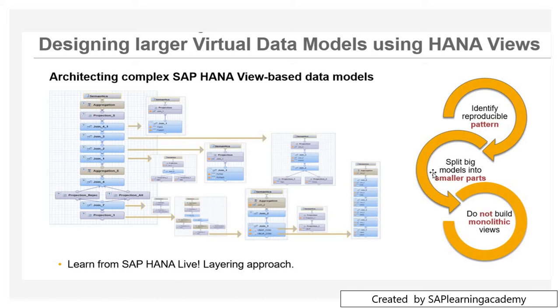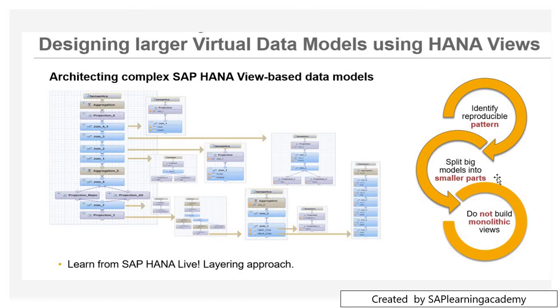The layering approach means that you need to first identify the reproducible pattern. Suppose you have to read from multiple tables, so you can make a smaller projection, you can make smaller CLVs, then you can reuse them in the other CLVs and split big models into smaller parts.